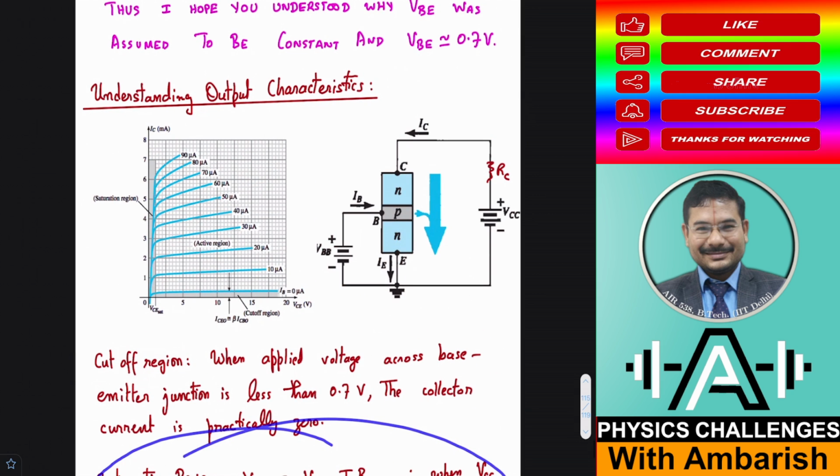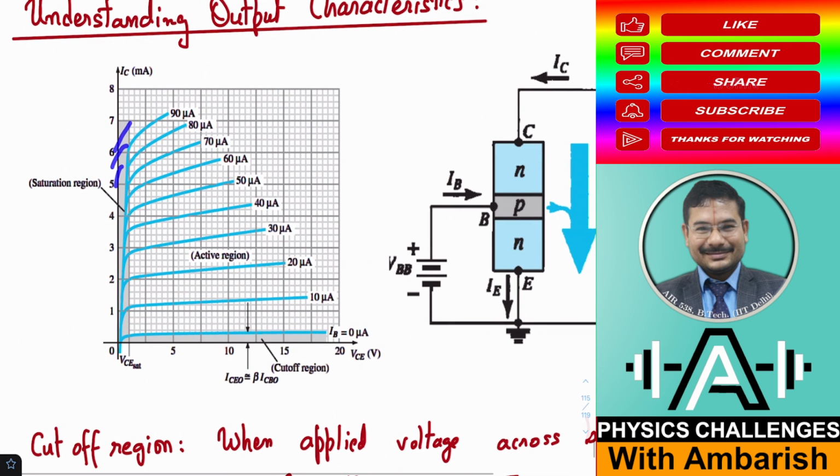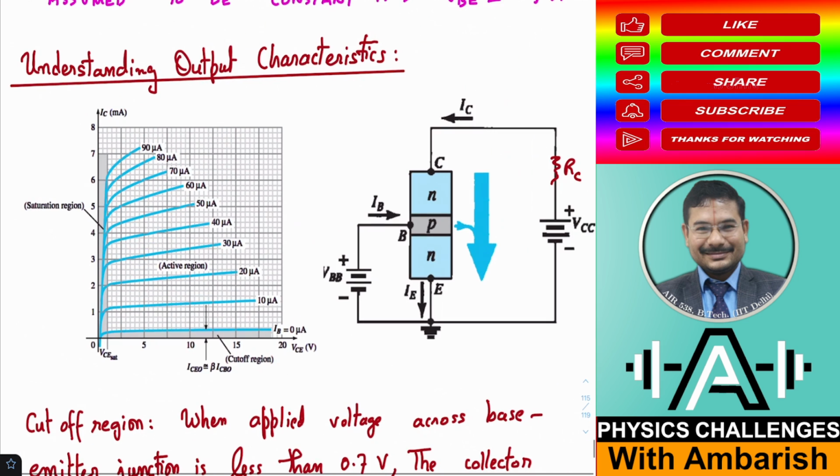Here either the applied collector-emitter battery is very small or the current is very high, so the net voltage drop between C and E becomes 0. That is the saturation region. I hope you understood the cutoff and the saturation region. Very high collector current leads to saturation, and zero collector current is the cutoff region.